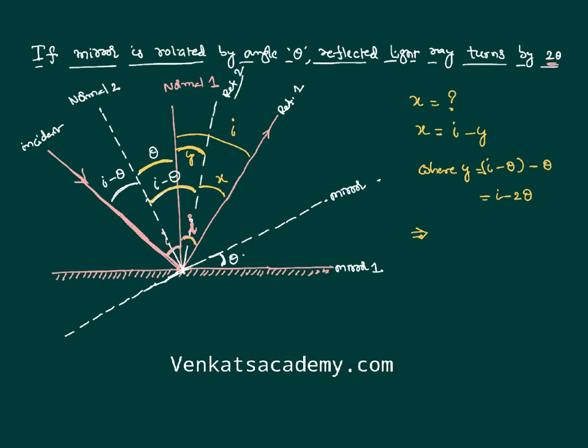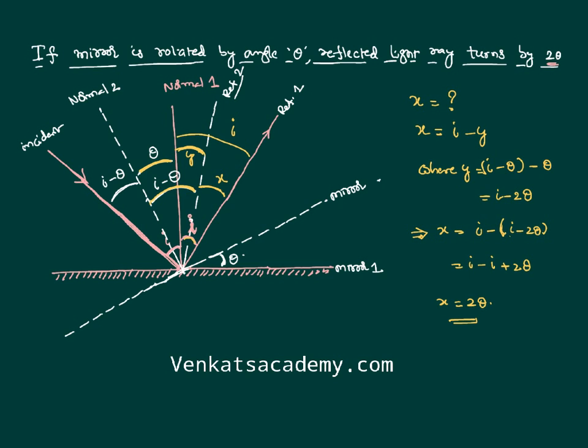Substituting into the above equation to get the angle between the two reflected light rays, x equals I minus y, and y, as we have proved, is I minus 2 theta. So x is I minus I plus 2 theta, that is, x is equal to 2 theta.